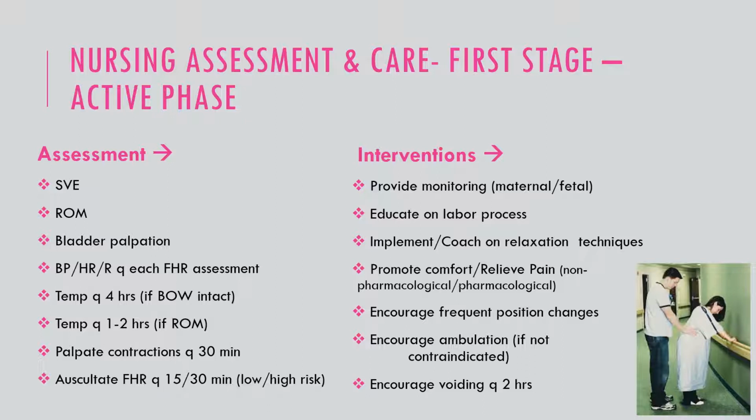And if the labor nurse feels that, the immediate intervention is to remove pressure on that cord. And so you do that by leaving your hand in and pushing the presenting part up and off of the cord as much as possible. This is an emergency situation. That patient will have a C-section.